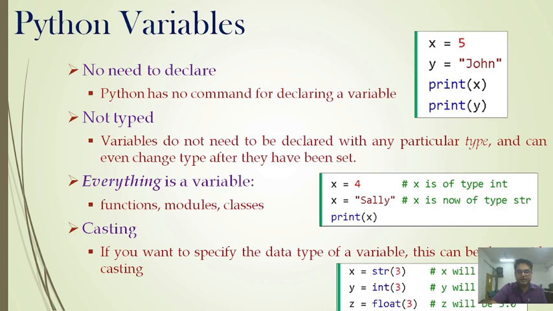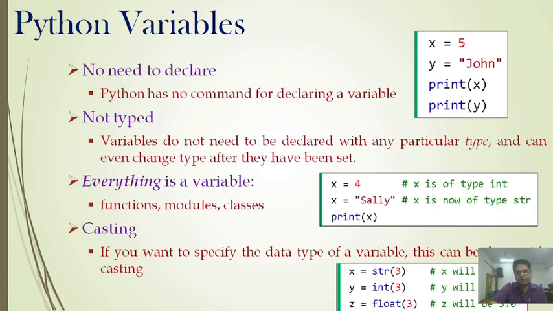These are the keywords used for the data types and also for casting. So in x we are using str as a string, and inside the function I have passed the value 3.